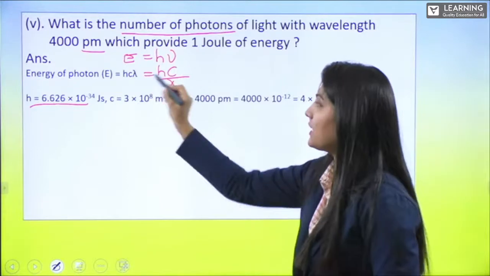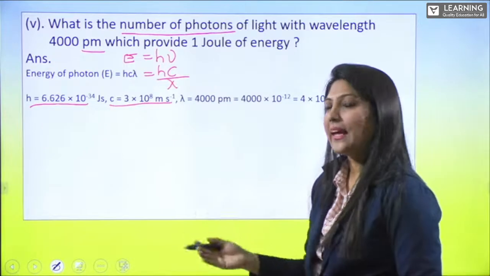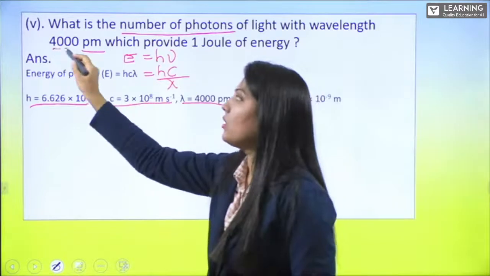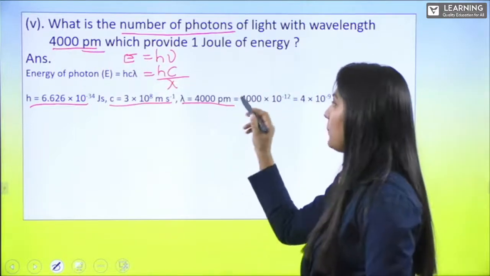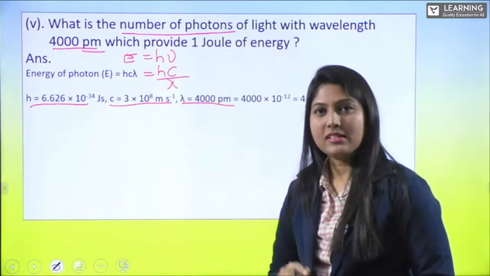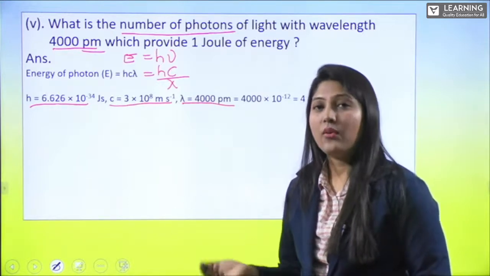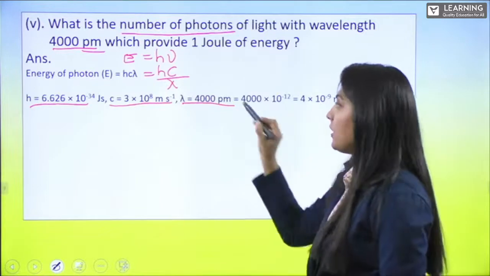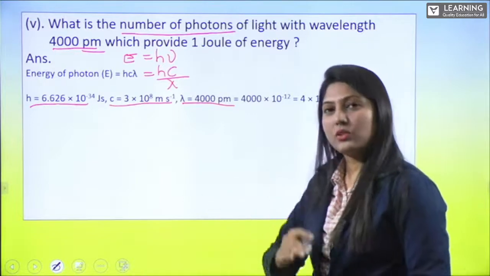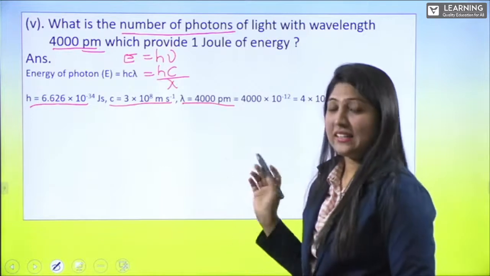And we have c, the speed of light, which is always 3 into 10 raised to 8 meter per second. And what is this lambda? Lambda is the wavelength they have given, 4000 picometer. You remember in the first chapter we studied the scientific notations. There you learnt what is picometer, what is micrometer and all. If you are not sure, please go back to the web application, see the videos and study, and you'll understand it better.